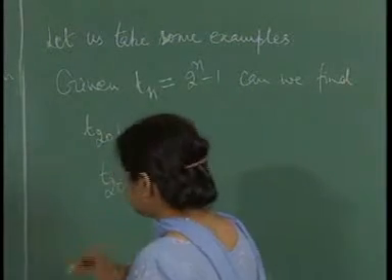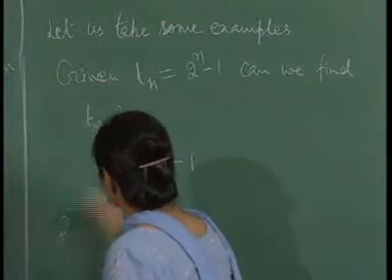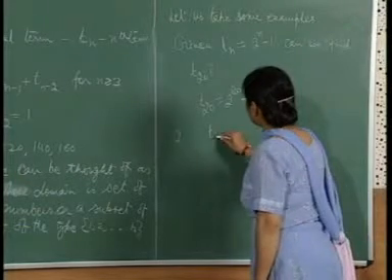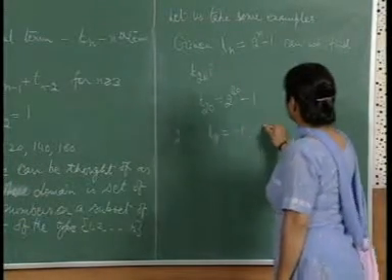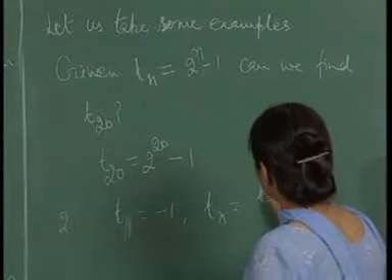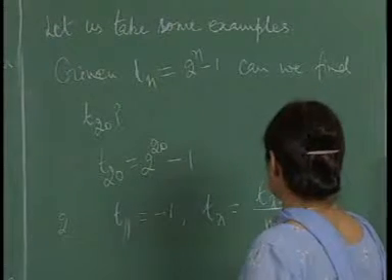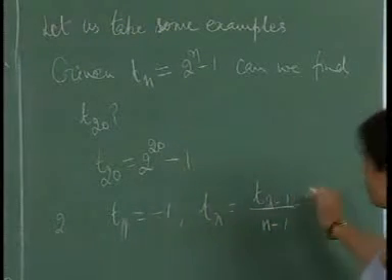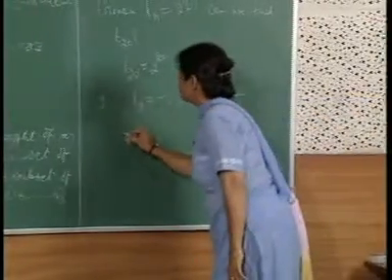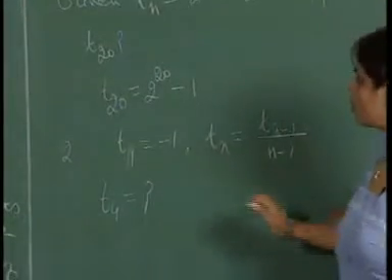Now similarly, if you have a sequence which is defined like, say, T1 is equal to minus 1 and Tn is equal to Tn minus 1 divided by n minus 1. Now this gives me a recurrence relation. If we have to find, say, T4 in this sequence, how will we go about it?